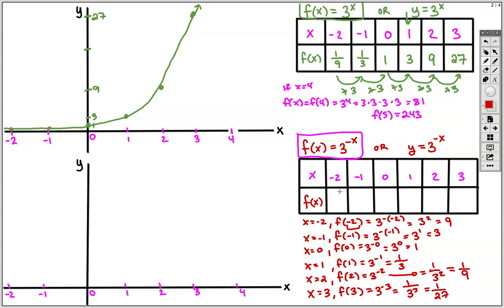So when x is negative 2, f of x is 9. When x is negative 1, f of x is 3. When x is 0, f of x is 1. When x is 1, f of x is 1/3. When x is 2, f of x is 1/9. And when x is 3, f of x is 1 over 27.